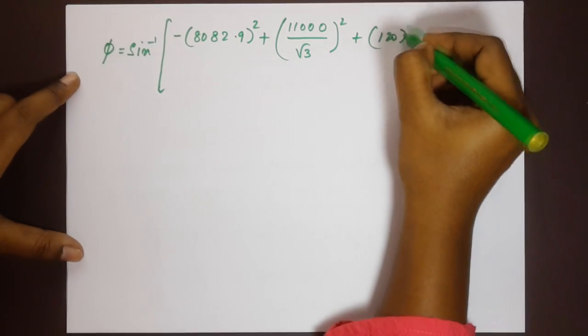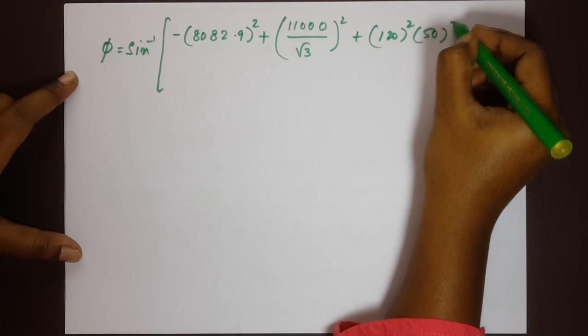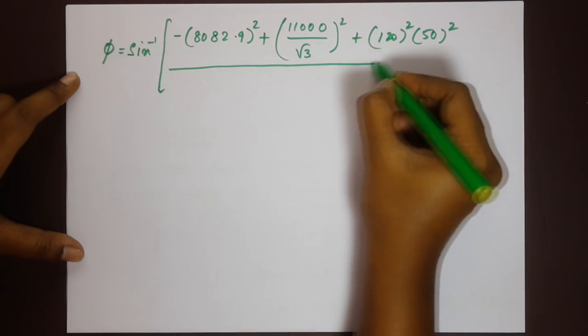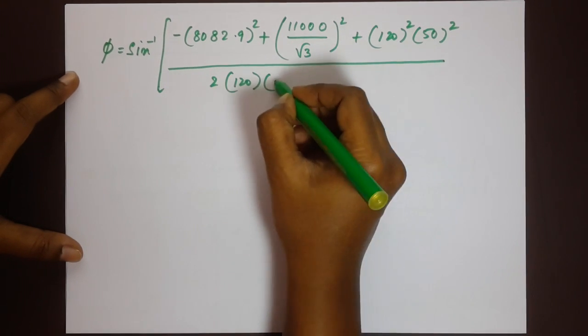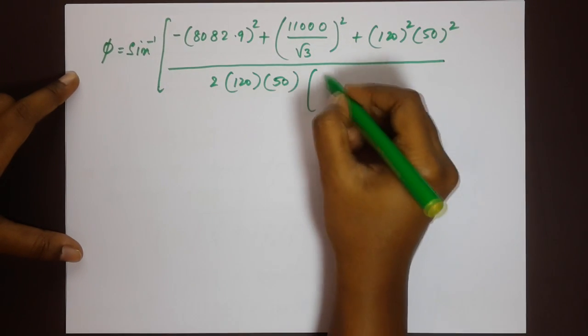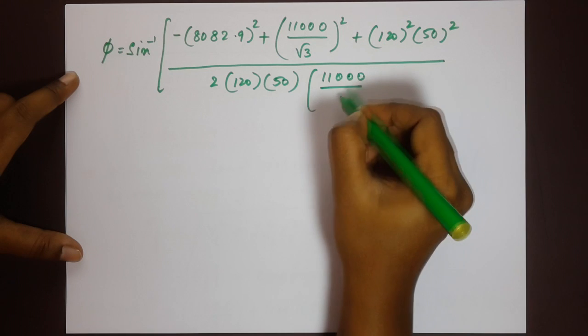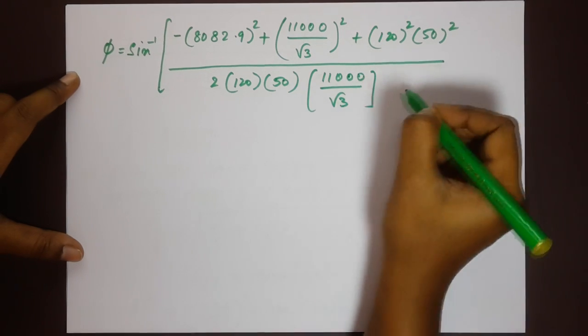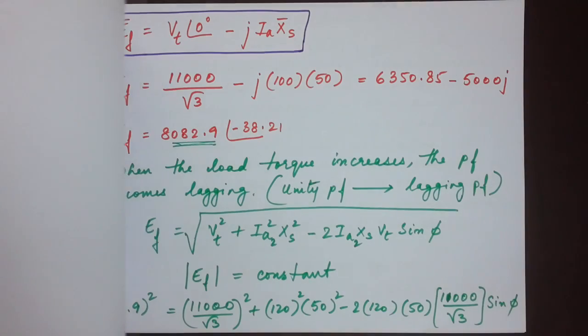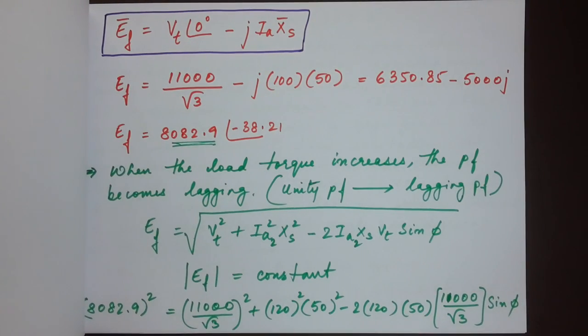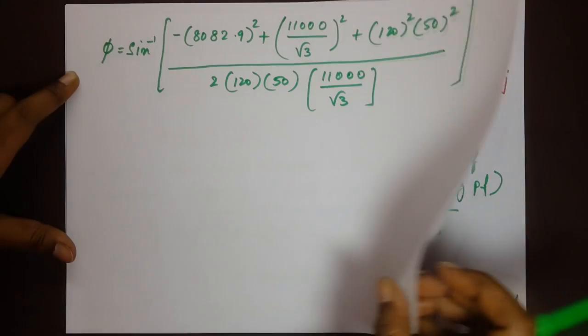So 120 square, 50 square whole divided by 2 into I into xs into Vt. So phi is sine inverse of that entire part. So all I have done is just isolated phi from the equation at the very bottom there.